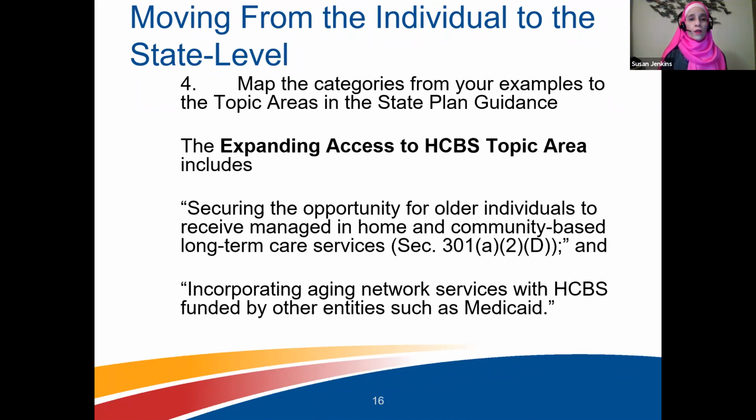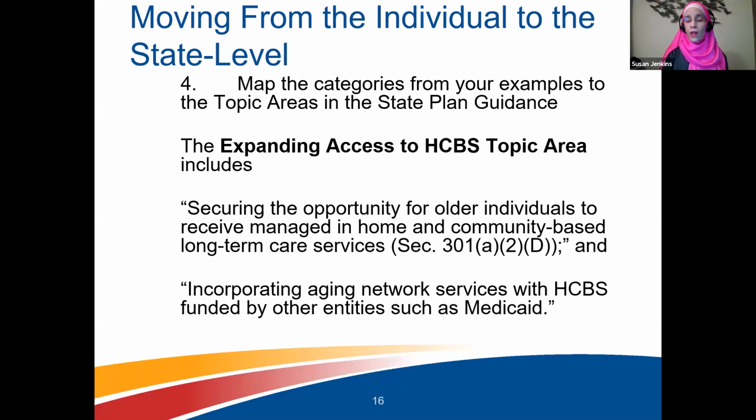So for example, expanding access to HCBS is one of the topic areas in the state plan. It talks about securing the opportunity for older individuals to receive managed in-home community-based long-term care services. The services related to housing, the services related to respite likely, the services related to the roof and the ramp would be in-home services.